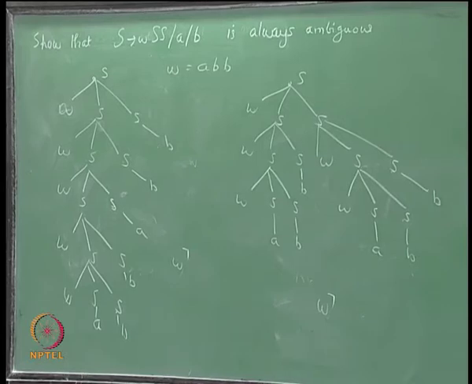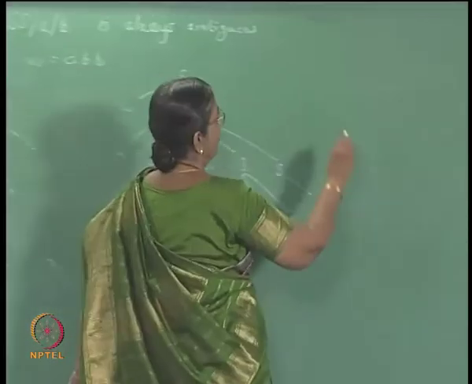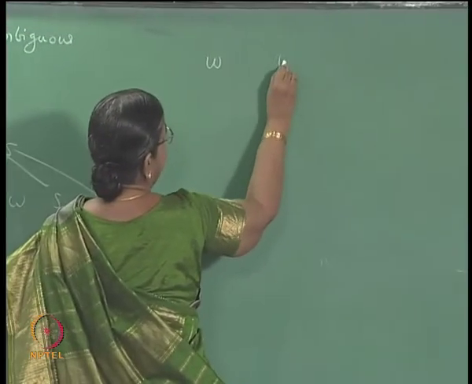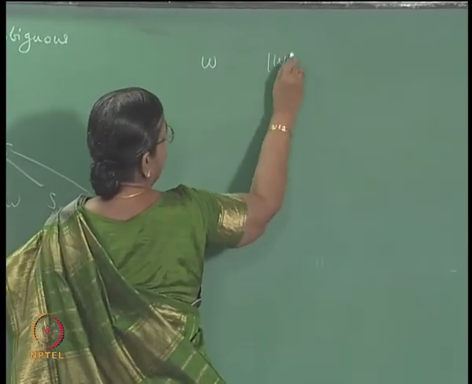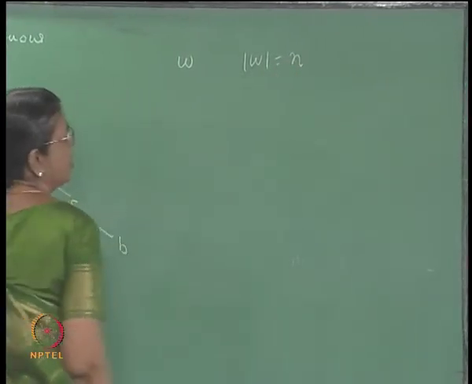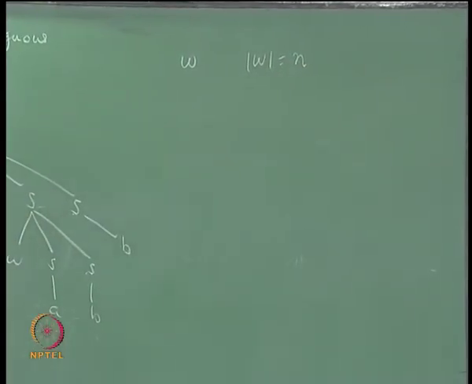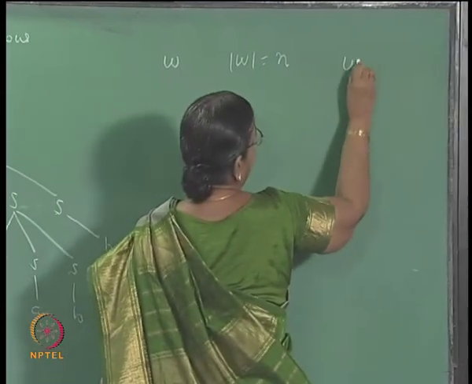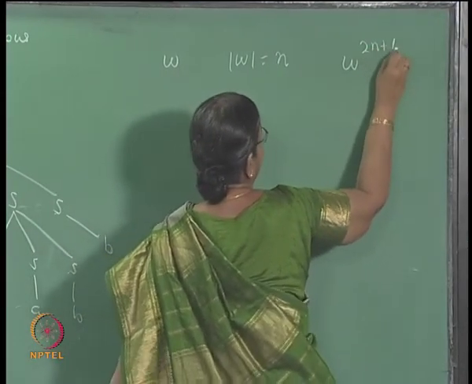In general, if you take some W, then consider the length of W to be n, take W power 2n plus 1.